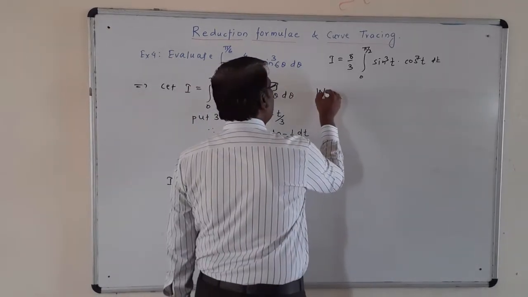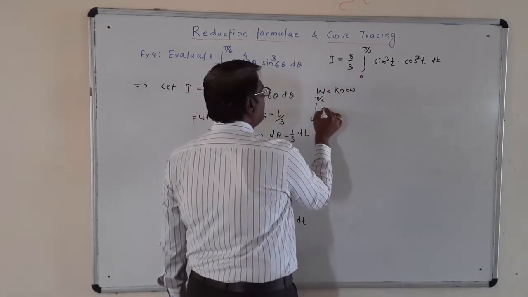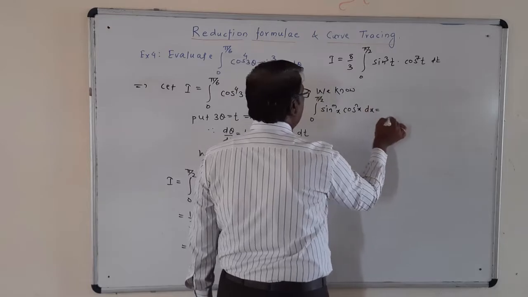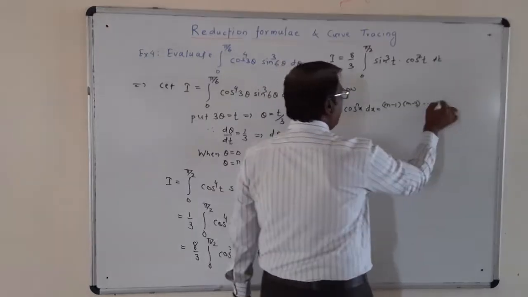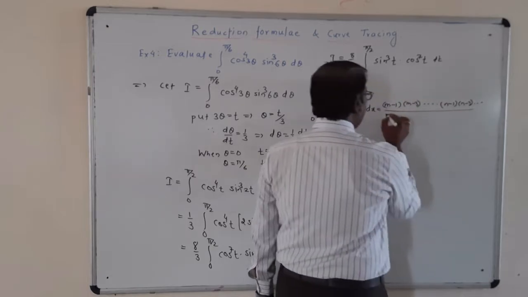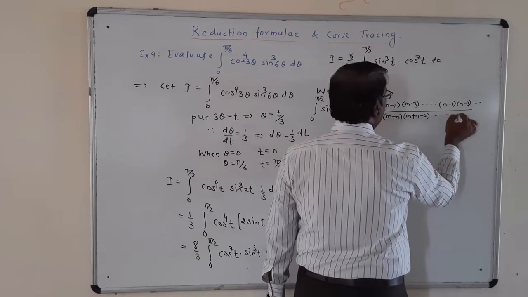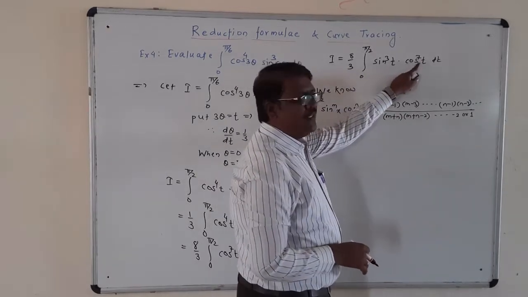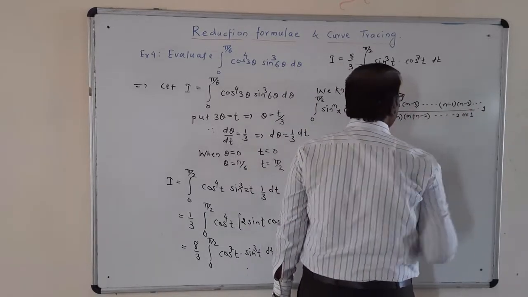So we know integration 0 to pi by 2 sin raised to m x cos raised to n x dx is equal to (m minus 1)(m minus 3)... (n minus 1)(n minus 3)... divided by (m plus n)(m plus n minus 2)... So this is either 2 or 1, and as m and n are not both even, this lies in the otherwise case, therefore this ratio is multiplied by 1.